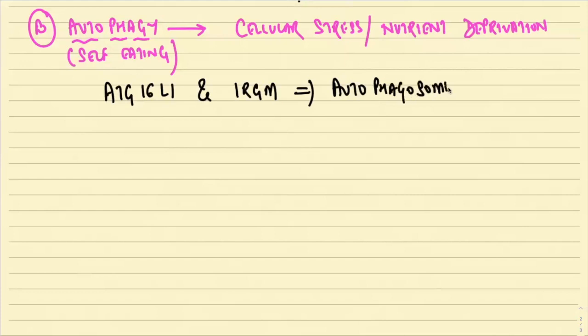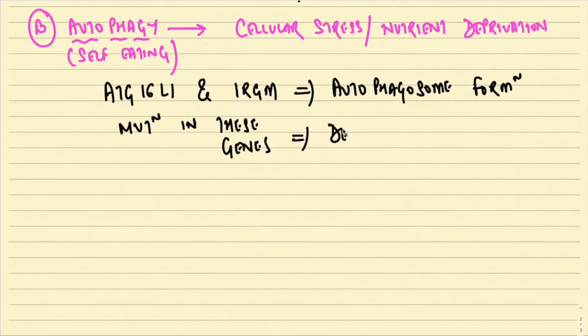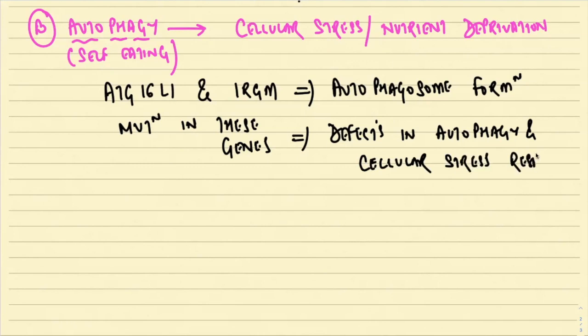If there are mutations in these genes, they are going to lead to defects in autophagy as well as the cellular stress response. And this basically contributes to IBD.